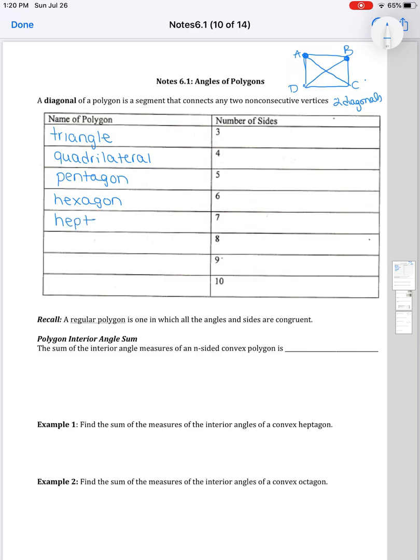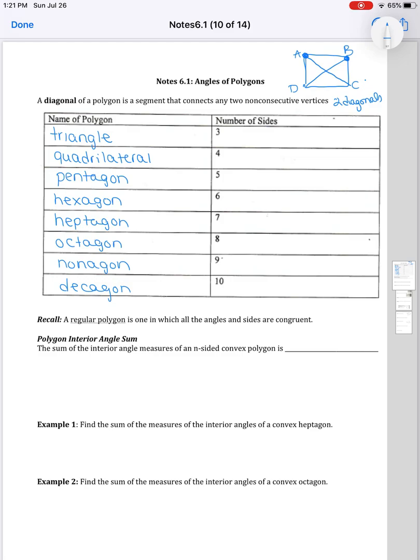So now before we move any further in regards to polygons, let's go over some names. Something with three sides is called a triangle. Something with four sides is a quadrilateral. That is the general terminology for that. Something with five sides is a pentagon.